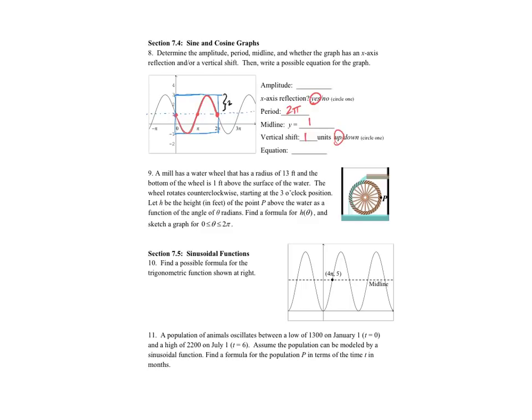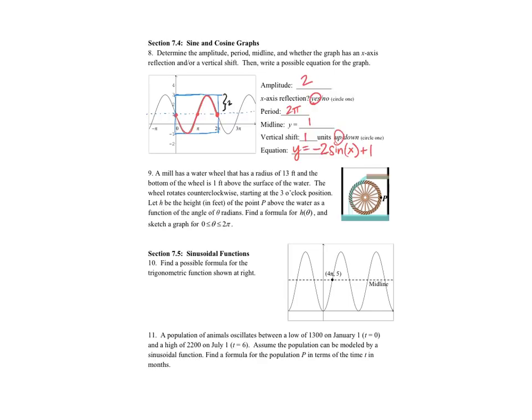And so that is my amplitude. And so a possible equation for this graph would be y equals -2 sine of x. I guess we can use x. And then I want to do +1 because it's shifted up 1.